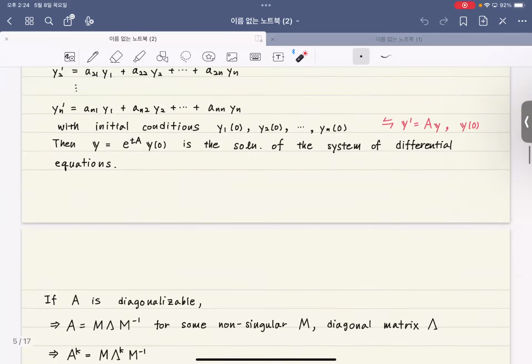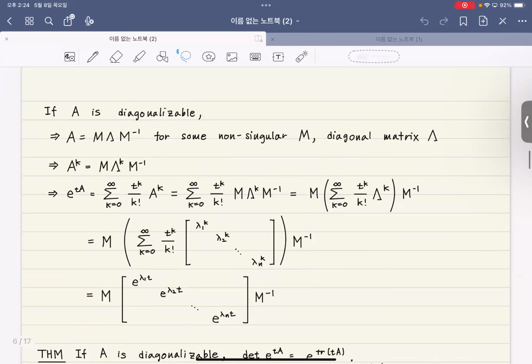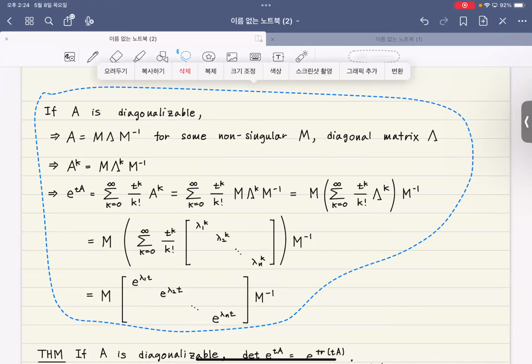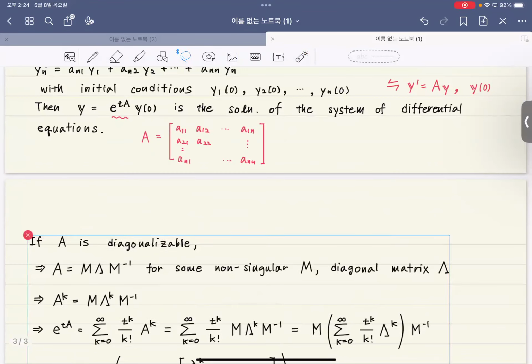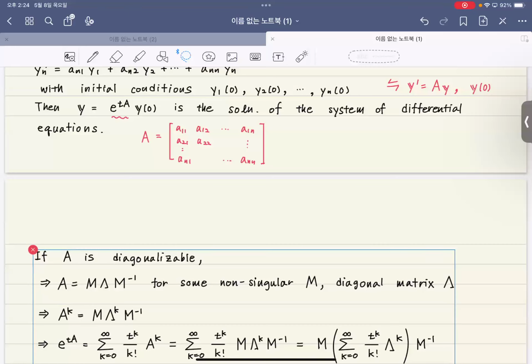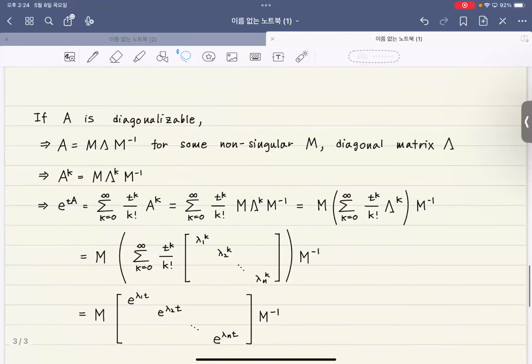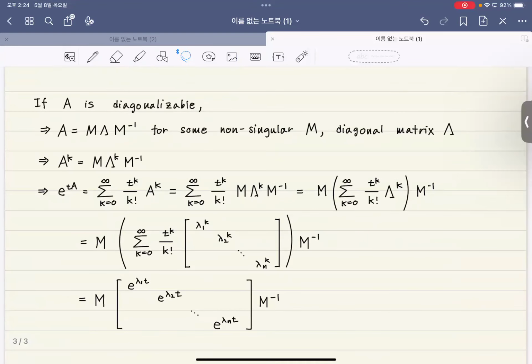Okay. Why? Suppose that my matrix A is a diagonalizable matrix.